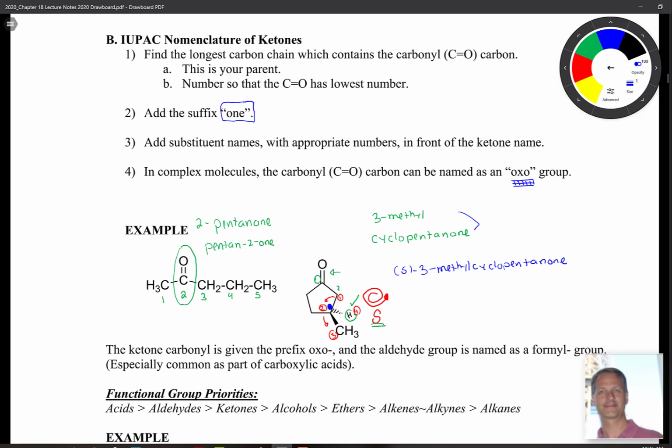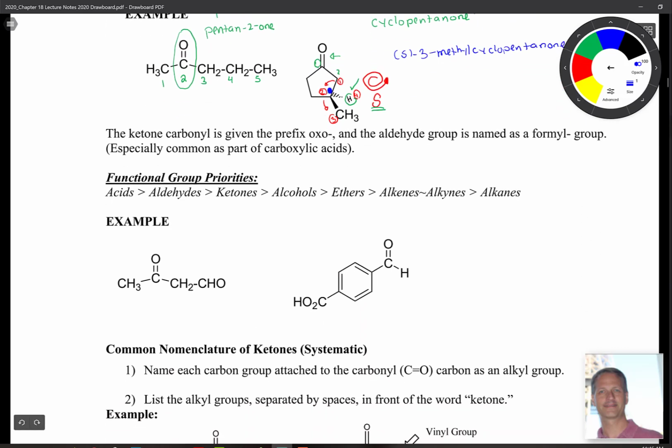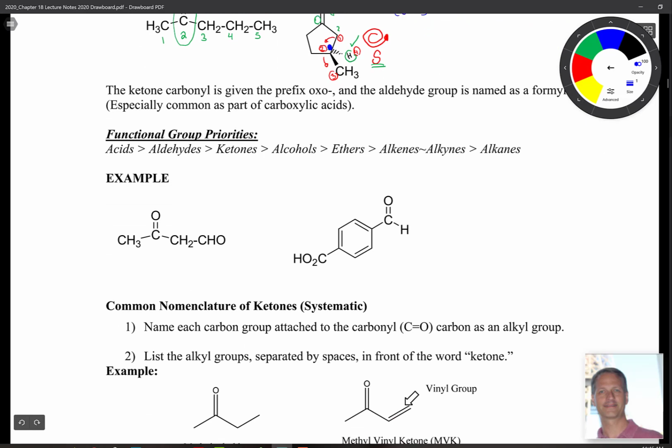So I want to take a minute and talk to you guys about this idea of having higher priority functional groups on molecules. So we'll see this more, especially when we get into the chapters that deal with carboxylic acids. So chapter 20 and chapter 21 are carboxylic acids and their derivatives.